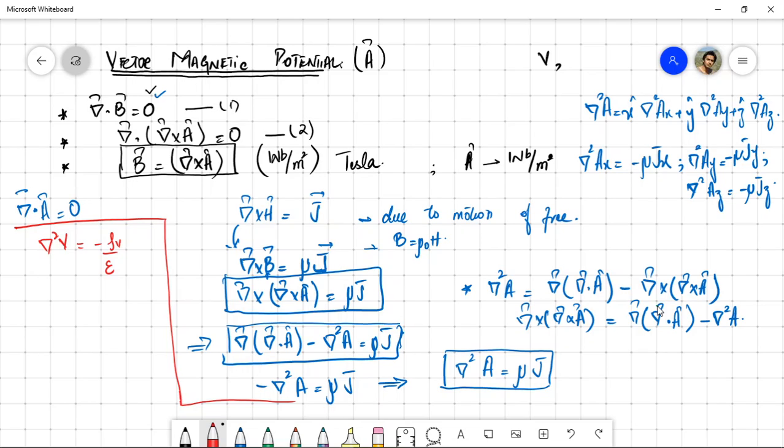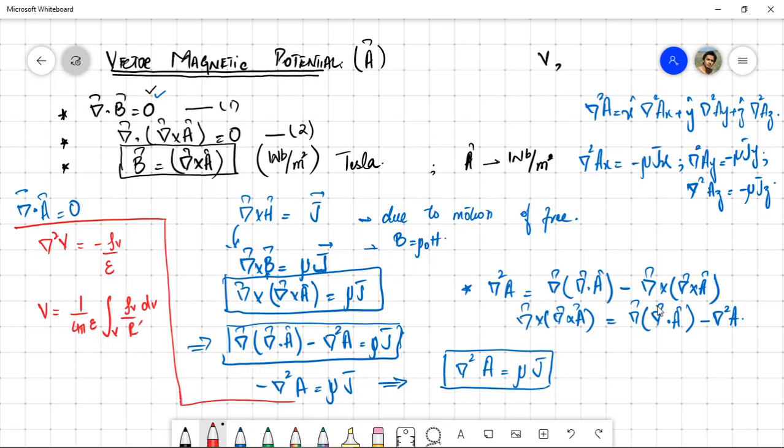So he's saying that in electrostatics, the Poisson equation was this, and its solution for volumetric charge density ρV occupying a volume V dash was V is equal to 1 over 4πε times the integral of ρV dV over R dash.